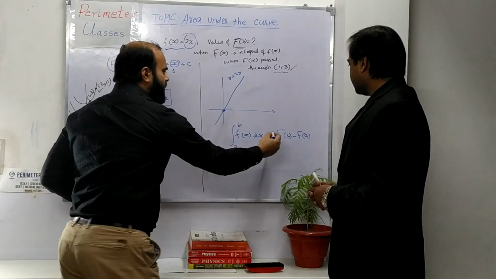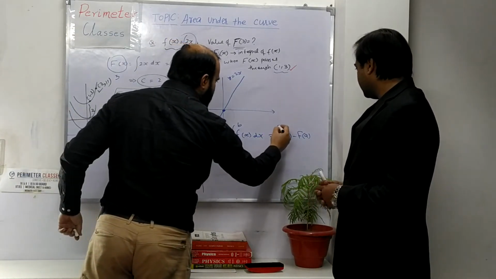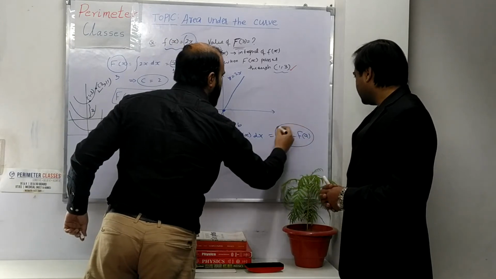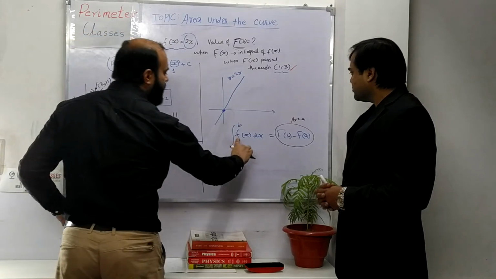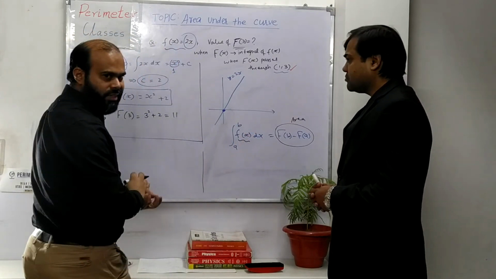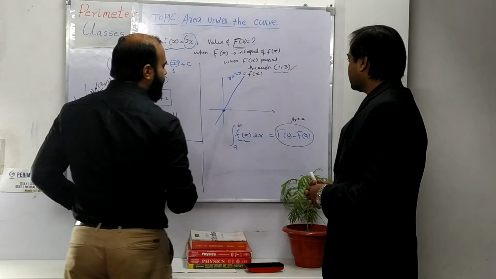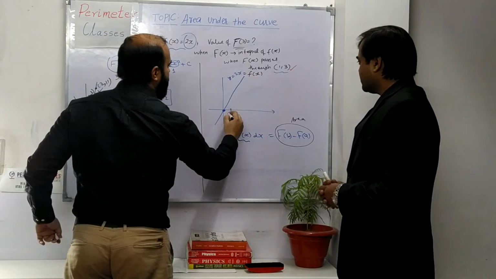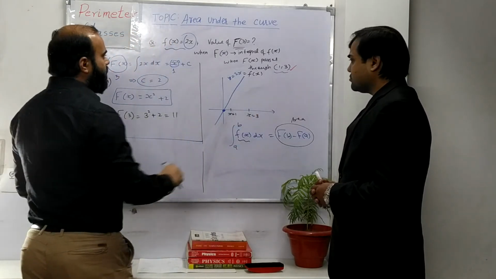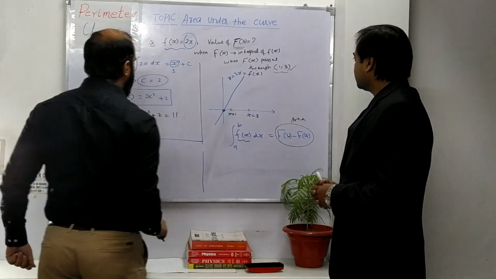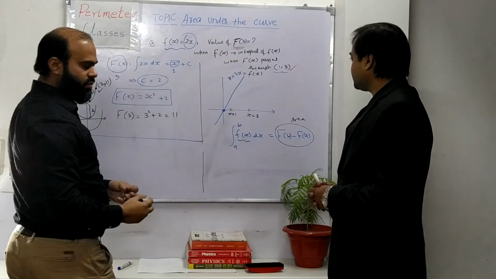So what does this represent actually? This F(b) minus F(a) represents the area from a to b under this function with the x-axis. This is the function f(x), and the interval I am taking is x equal to 1 to x equal to 3. Initially one x coordinate was 1, and then I took another x coordinate as 3, which was finding the value of this function.